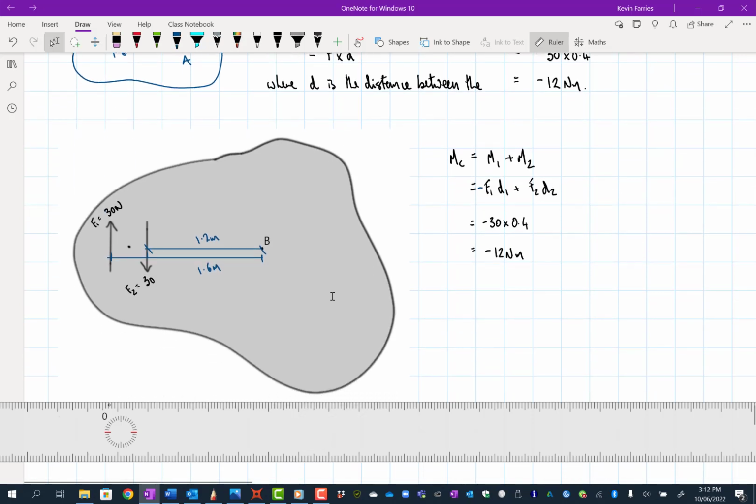Okay, so let's calculate the moment around B. So it is equal to, with the same notation, M1 plus M2. Let's think about direction. This is force 1 here, and so got B here, the force is going this way, clockwise, so that's negative.